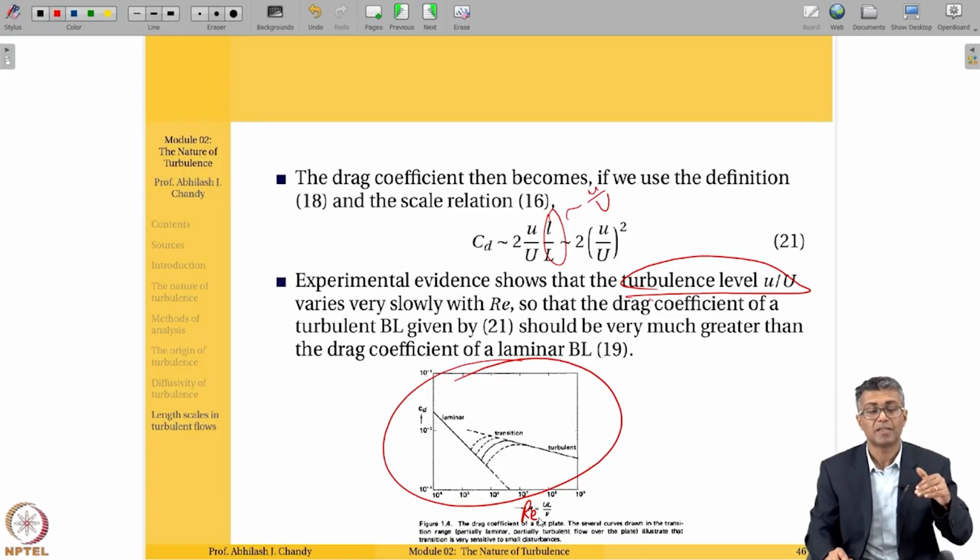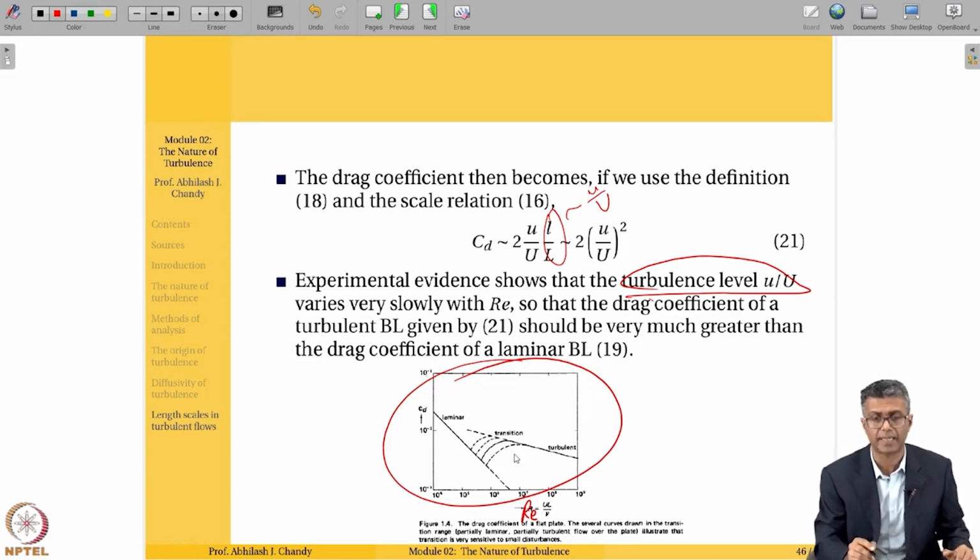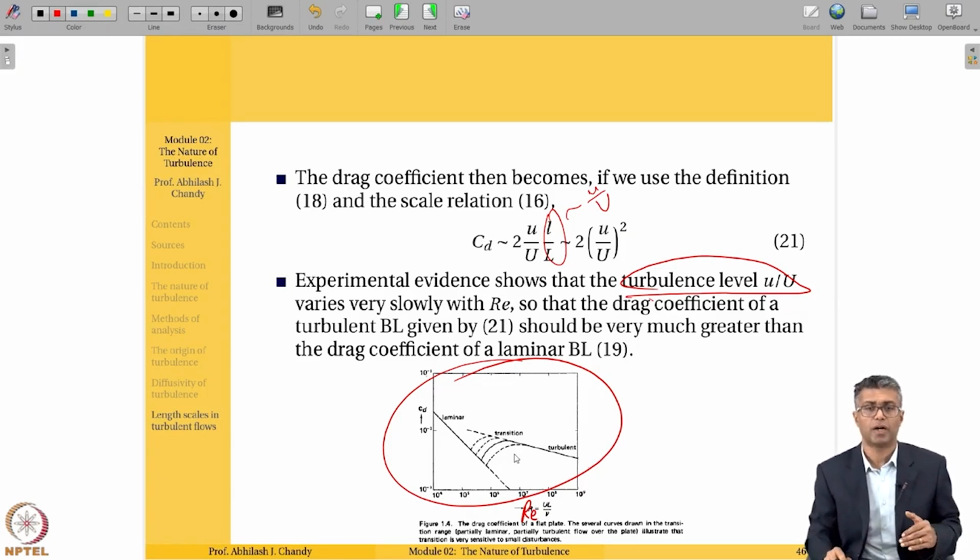With laminar flow, there's a significant dip in drag coefficient as the Reynolds number increases. As long as the flow is laminar, you see this huge slope. And then as it is transitioning to turbulence, you see this line where the slope is much less than what you would have in a laminar flow as the Reynolds number increases.